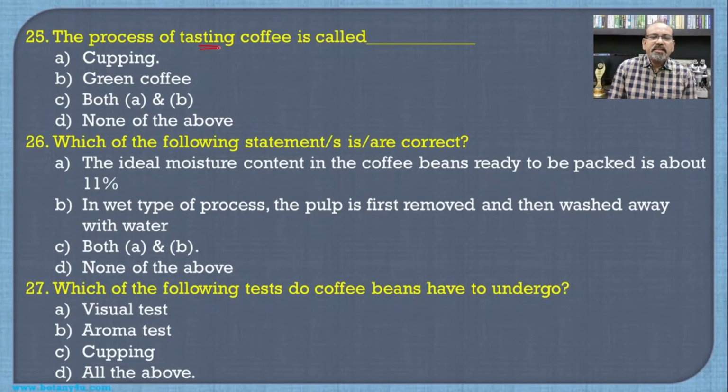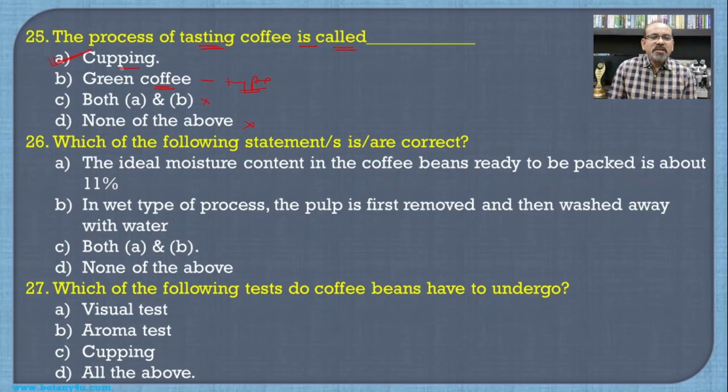The process of testing coffee is known as cupping. Green coffee is a type of coffee and this is not used for the testing, and hence not both or none of the above.